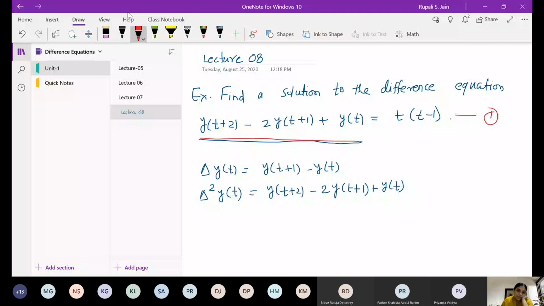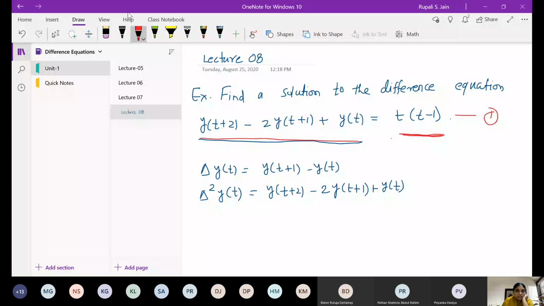And if I want to write the RHS in terms of falling factorial power, how can I write it? What is t to the r falling?